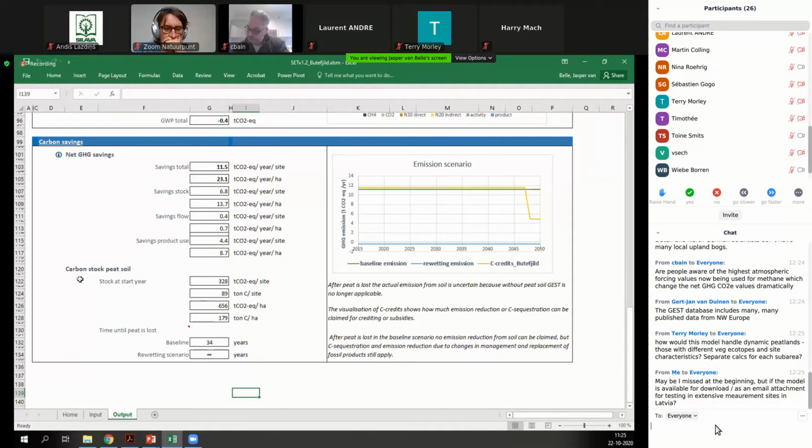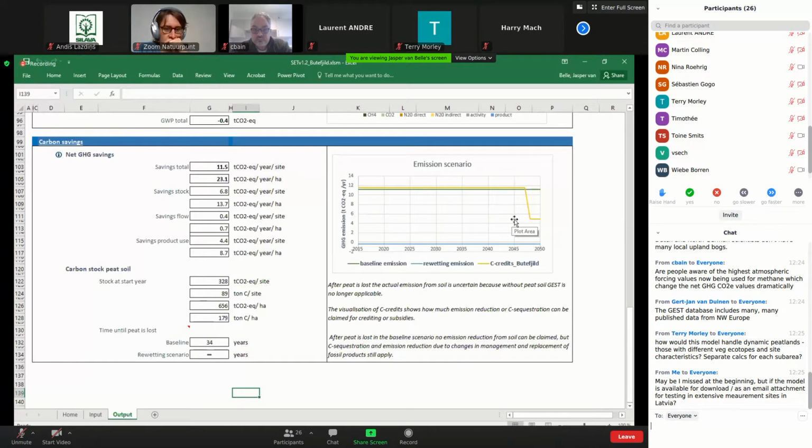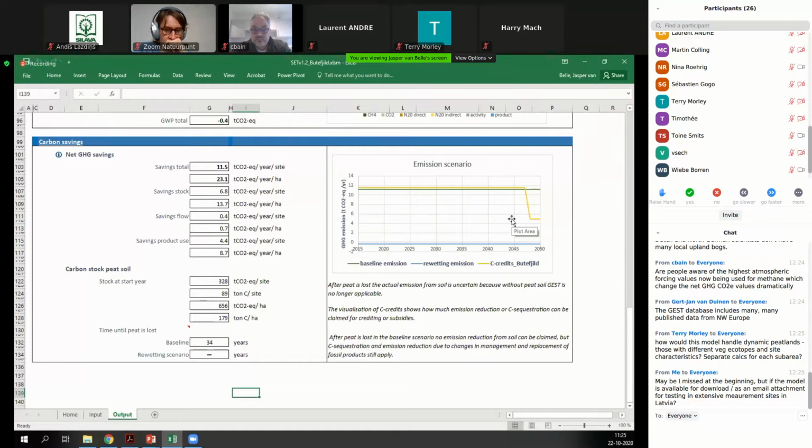The graphical output on the right is a timeline starting at the year that the rewetting started, 2015 in this case, and running up into 2050 because, well, when building this, the idea behind this was that there's a time horizon at 2050, because by 2050 we're all supposed to be net carbon neutral.